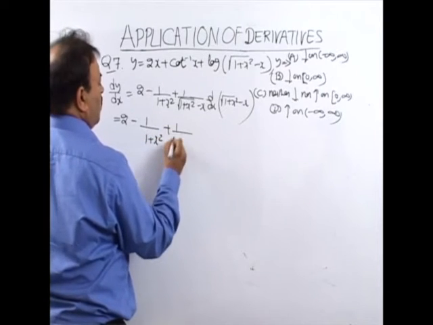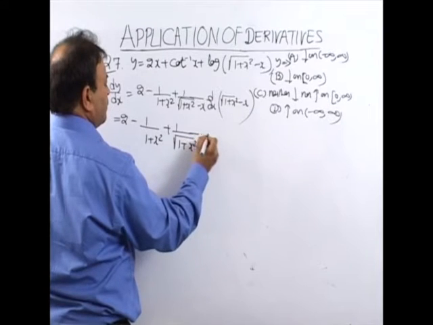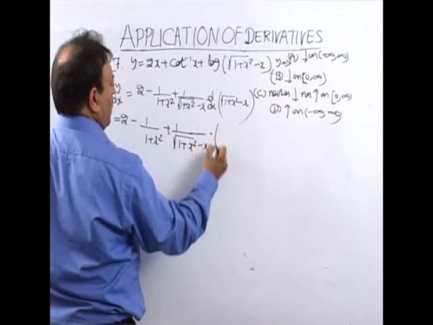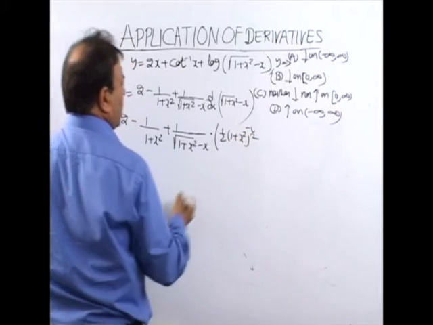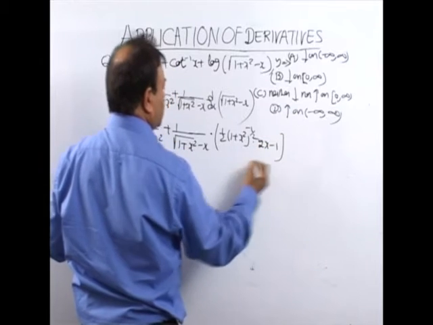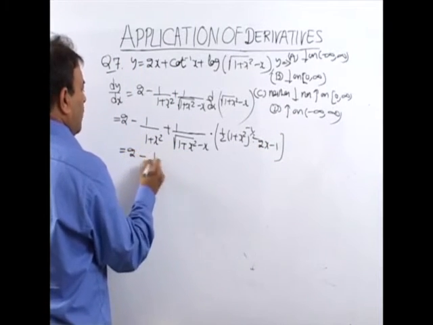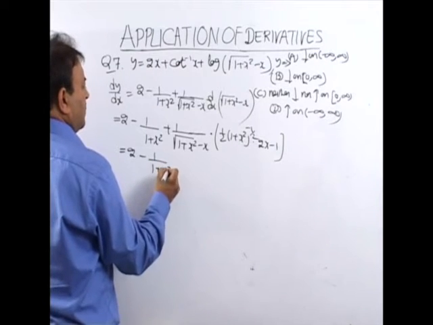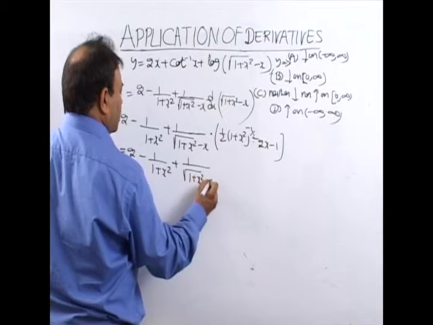Now this is equal to 1 upon square root of 1 plus x square minus x into 1 by 2 into 1 plus x square to the power minus half into 2x minus 1. This is 2 minus 1 upon 1 plus x square plus 1 upon square root of 1 plus x square minus x.